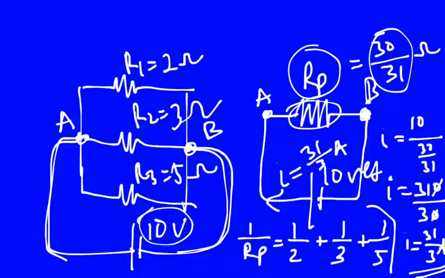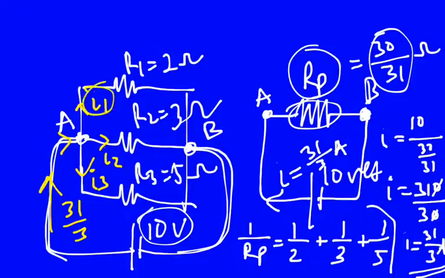Okay, now once we have this current, it is actually the same current here, 31 over 3, and it will be divided into 3 currents. Let's call them I1, I2, and I3. Okay, so how do we now get these currents? Because you will be asked about how big this current is.